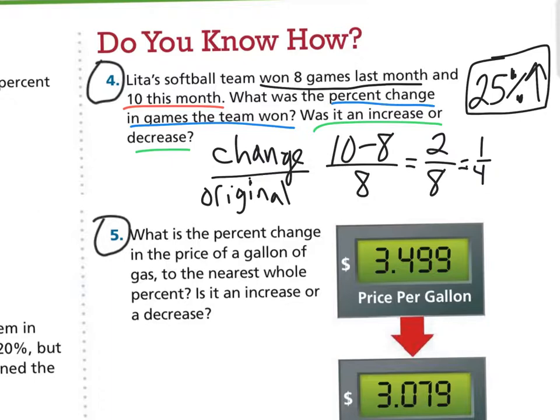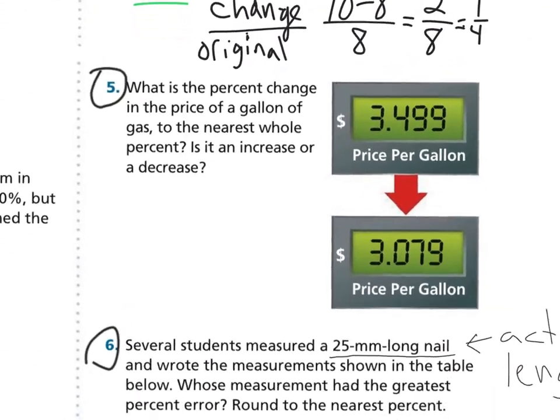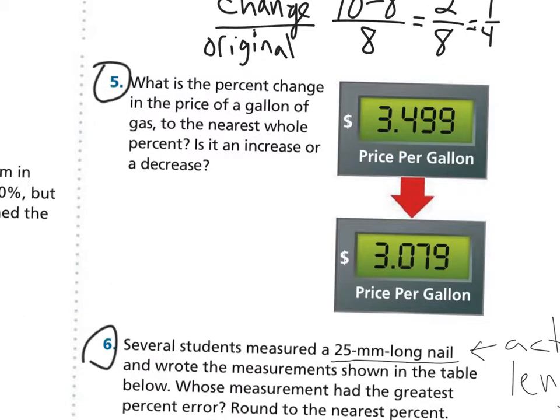So on this problem, number 5, we're trying to find the percent change in the price of the gallon of gas to the nearest whole percent, and is it an increase or decrease. So we want the change divided by the original. How much did it change compared to what it was, in other words. And we're just going to keep these numbers the same.